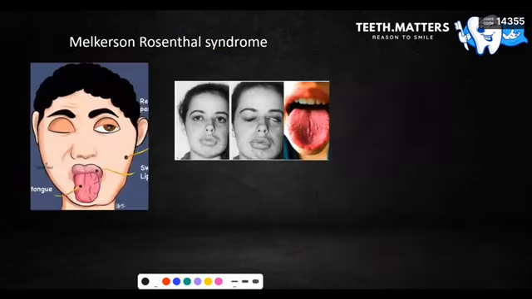Now, next syndrome is Melkersson-Rosenthal syndrome. What are the features of Melkersson-Rosenthal syndrome? There is cheilitis granulomatosa.